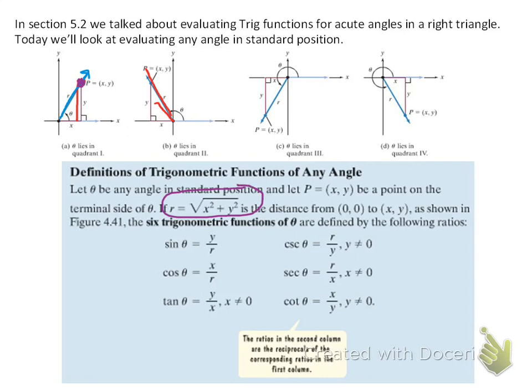That's a spin-off of your distance formula, change in x squared plus change in y squared. If we're starting at the origin, which puts them in standard form, your x distance is just x and your y distance is just y. So r equals the square root of x squared plus y squared.